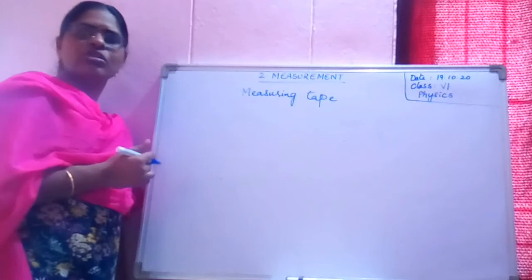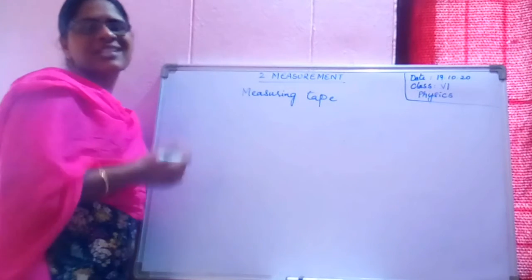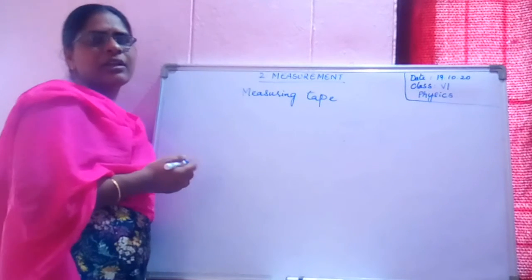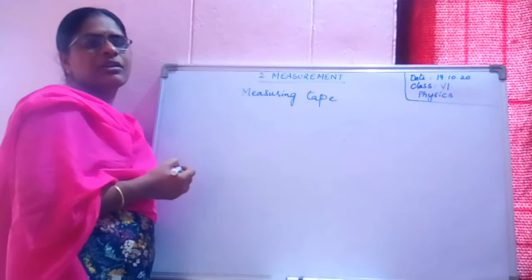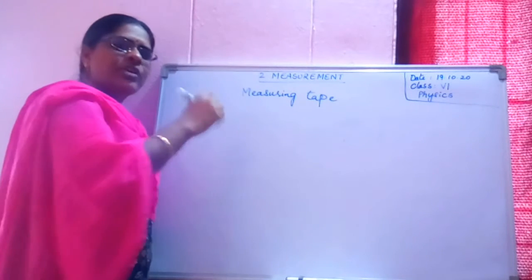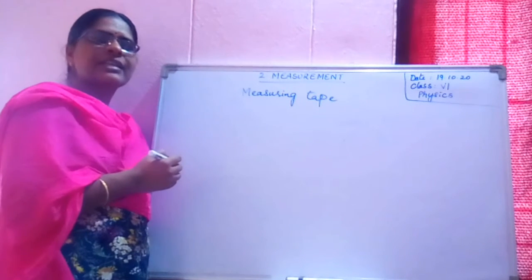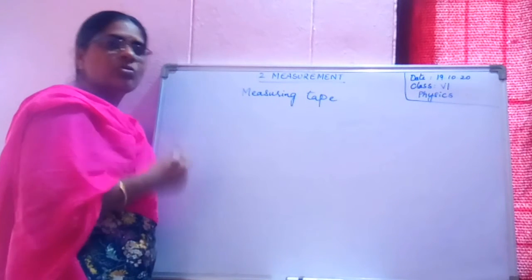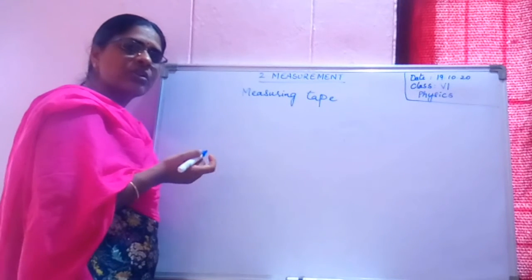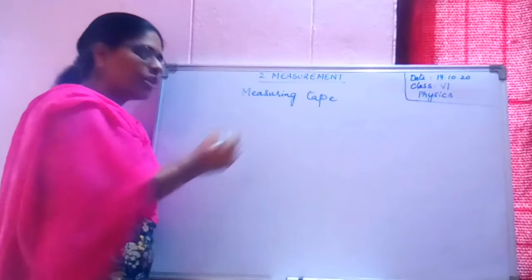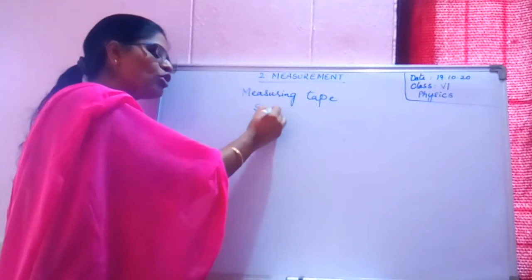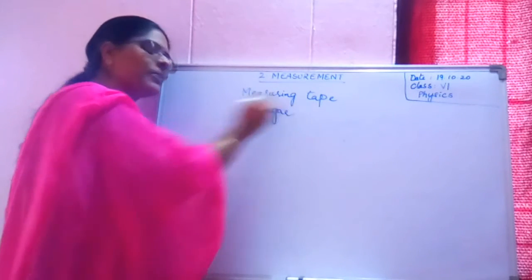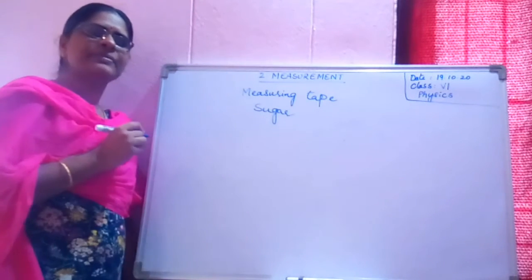See, not only for stitching. If your mom has asked you to go and get sugar, you will be going to the shop and asking the shopkeeper, "Sir, I want sugar." I want sugar means, does the shopkeeper give you the sugar simply?